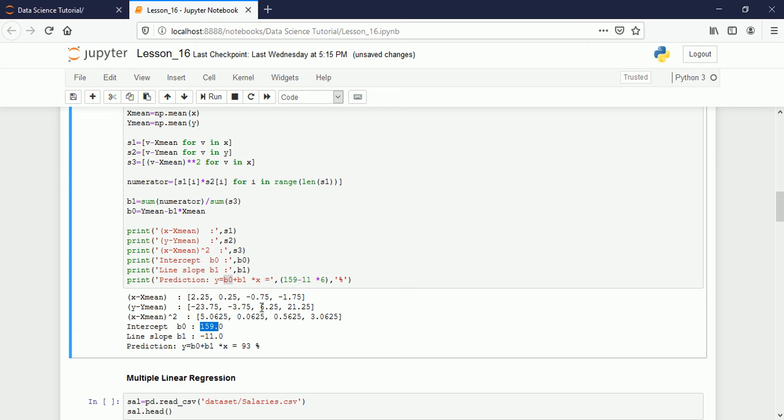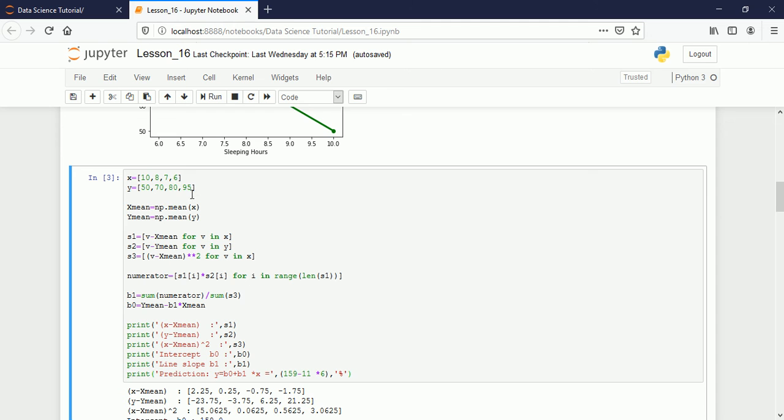And this one is plus b1, b1 is minus 11, so minus 11 I have put into x. So if the person is sleeping for 6 hours, the model predicts how much he will get. It is giving us 93, but the value we gave was 95. There is some variation in between. So the model predicts 93 and we said it is 95.